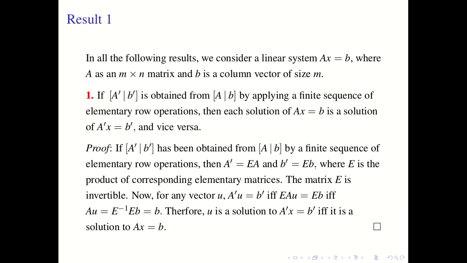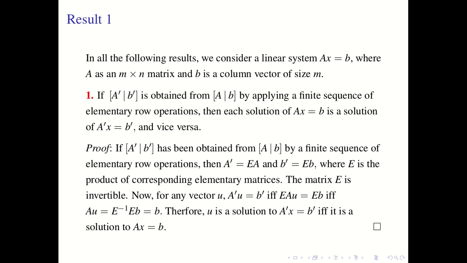Hence, for any vector U, A prime U is equal to B prime if and only if EAU is equal to EB, since I substitute A prime by EA and similarly B prime by EB. This holds if and only if AU equal to E inverse EB.